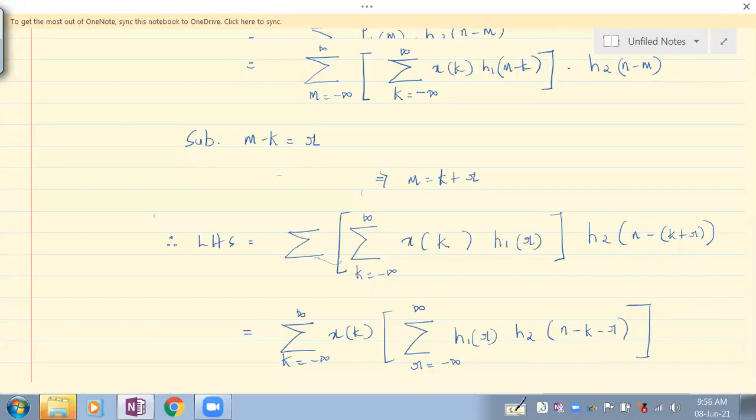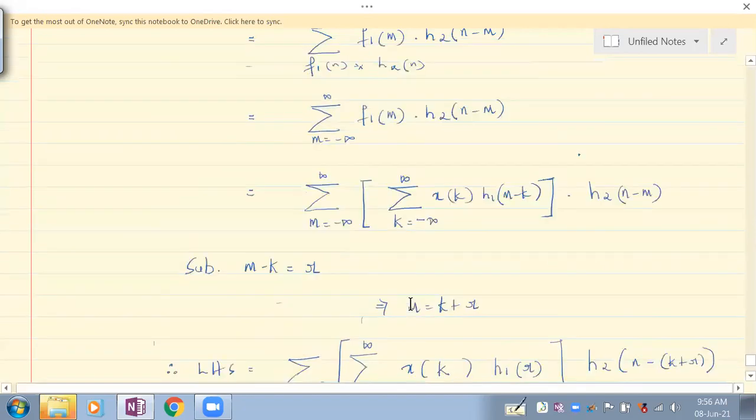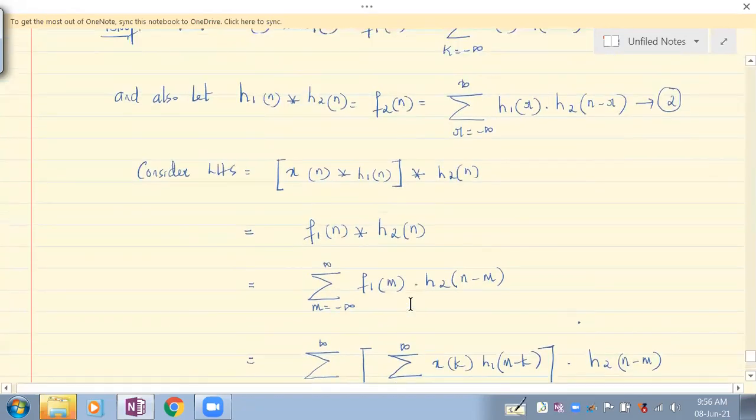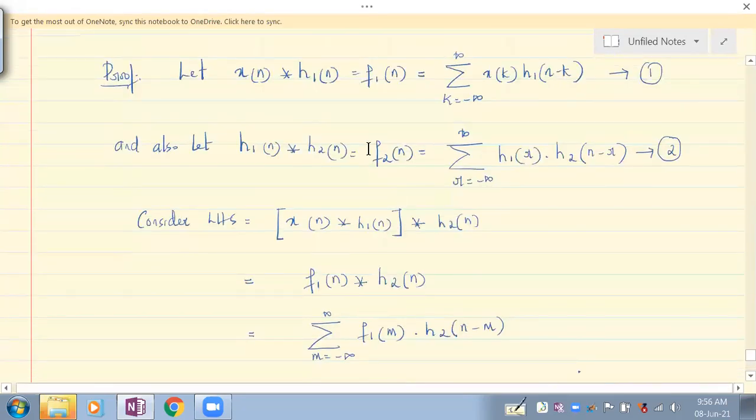Fine. Now, what is f2 of n? See here, equation 2 says it is f2 of n. So equation 2 says if f2 of n is this, then f2 of n minus k is what?